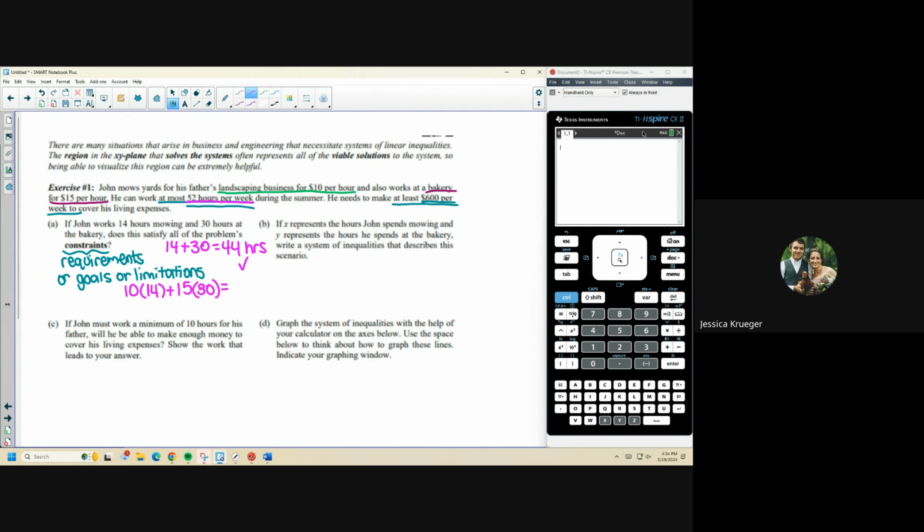So I'm curious if that's going to be enough money for him. So 10 times 14 plus 15 times 30 gives me $590. So unfortunately, this will not work. He's not going to make enough money.